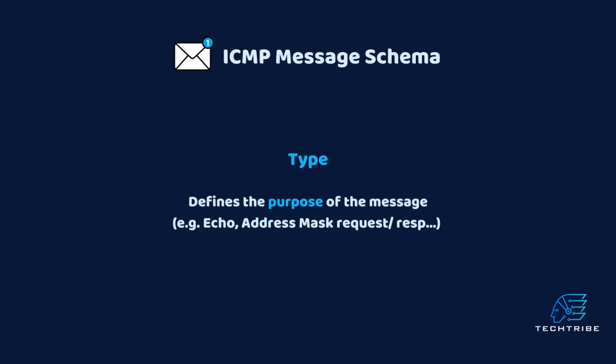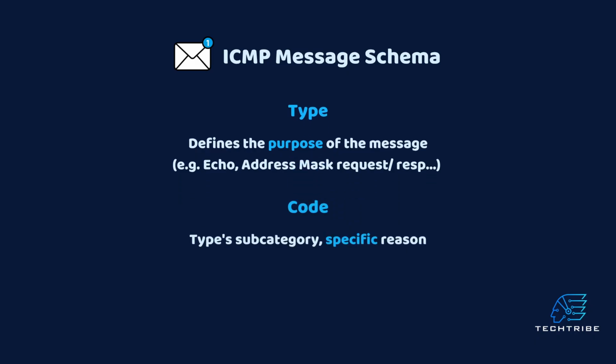The type field defines the purpose of the message: what type of message is being sent, like a ping request, a reply, or an error report. While the type field tells us what kind of message it is, the code field gives extra detail, like a subcategory or specific reason within that message type.